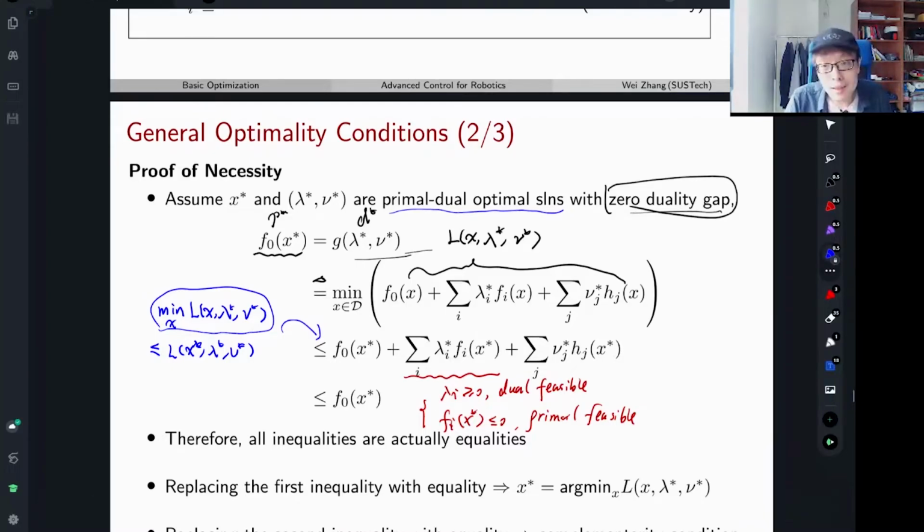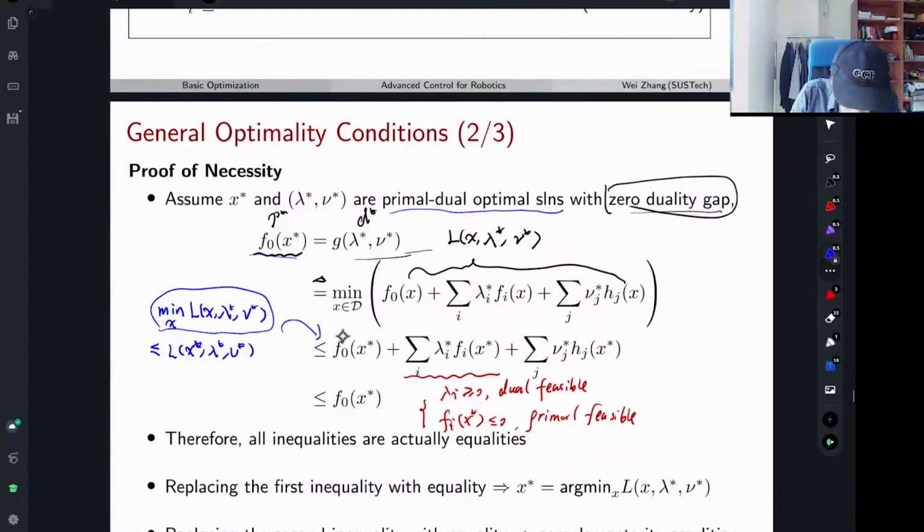Now you see a kind of interesting inequality. You start with f0(x star), and eventually you figure out that all these inequalities are less than or equal to that, right? And this term is just this, right?